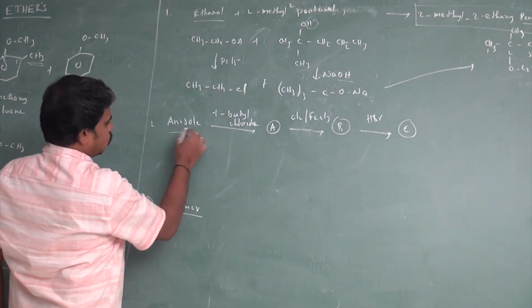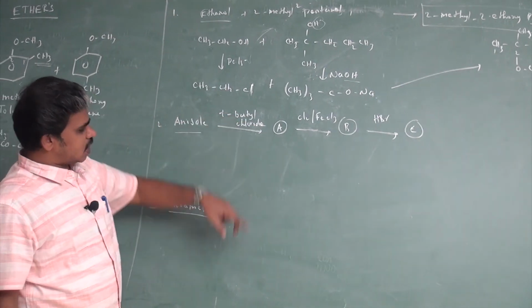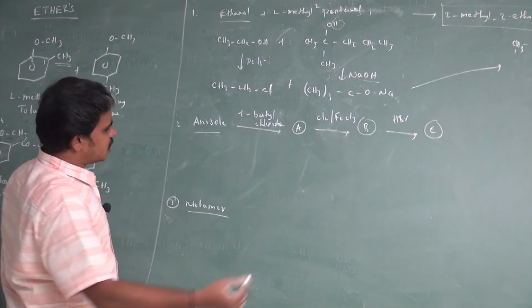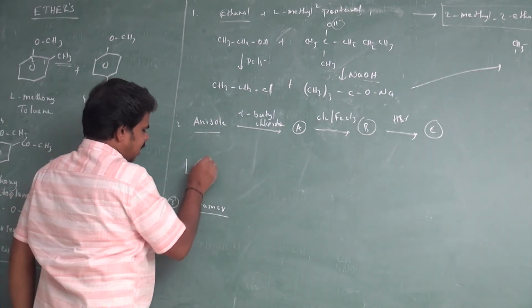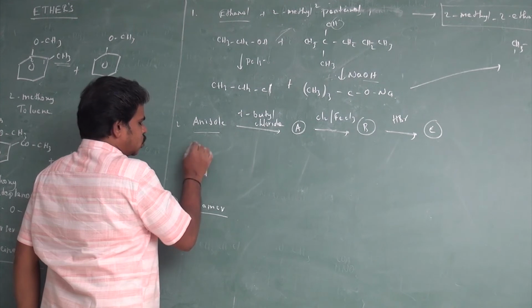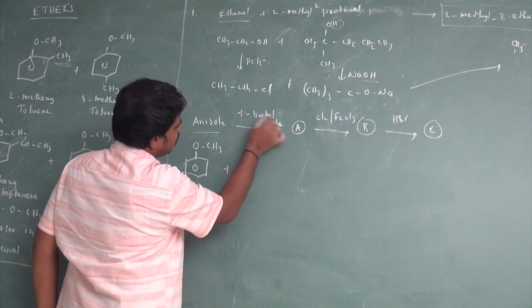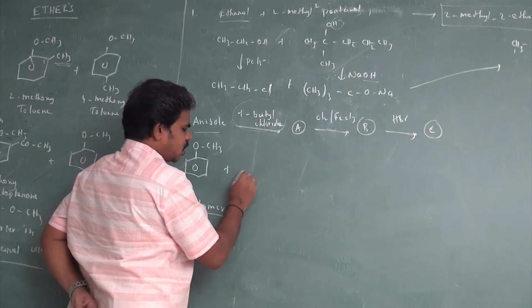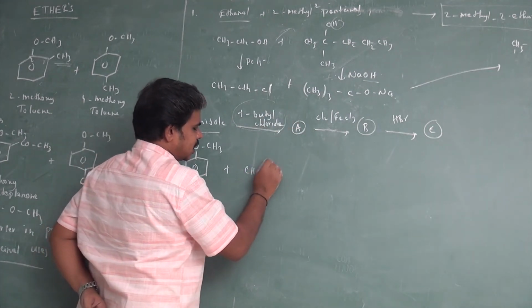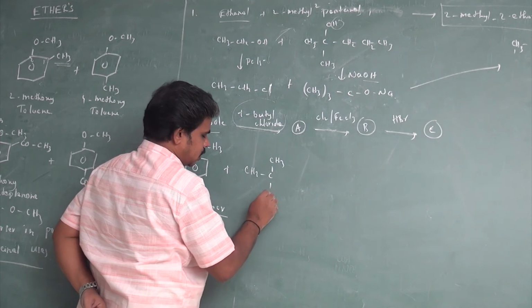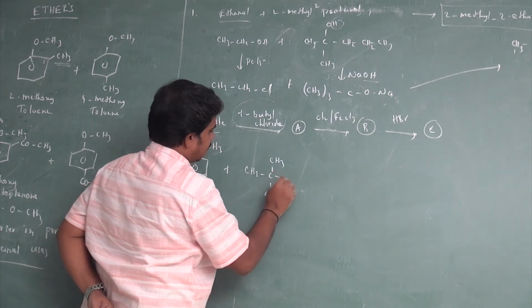Now anisole. When anisole is treated with tertiary butyl chloride, then what is the product? So you know that it is anisole, O and CH3. Then what is tertiary butyl chloride? It is CH3, C, CH3, CH3 and Cl.